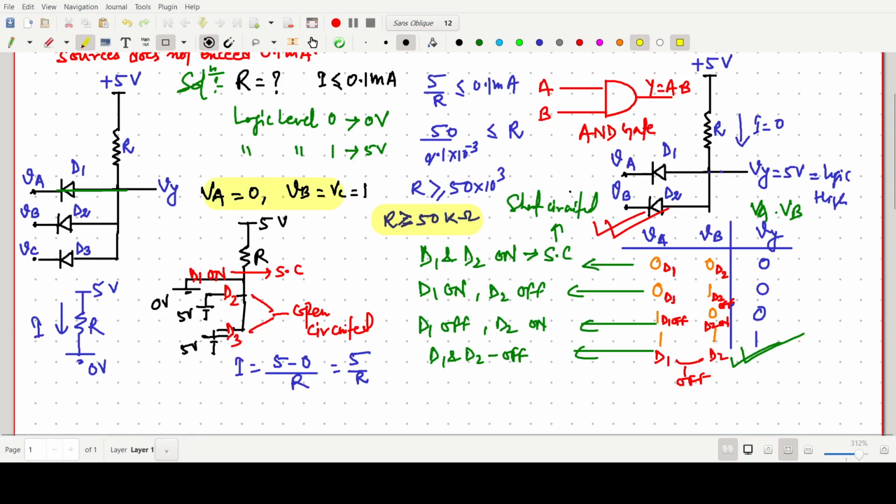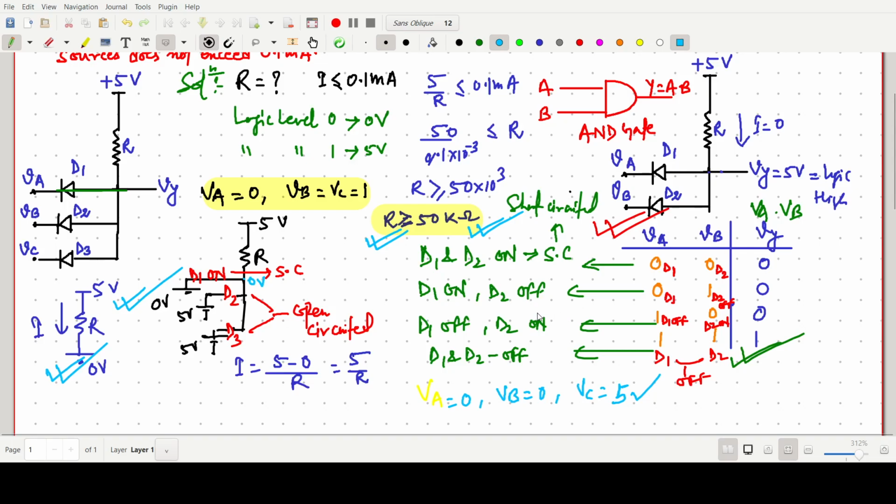You have to take any condition, for example VA is 0, VB is 0 and VC is 1, or logic level high, 5 volt. These two are on, so grounded, so the output is simply 0 volt again. Then the equivalent circuit will be the same, so we can easily calculate the value of R.